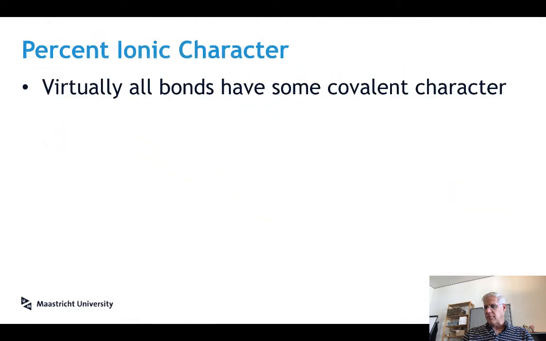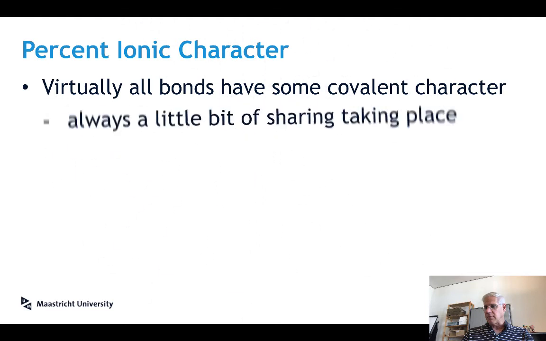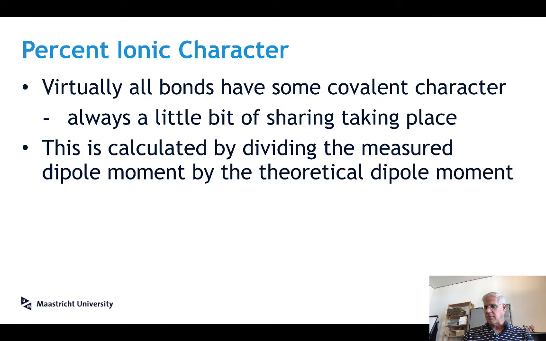Now this is not something that I'm going to test you on at all, but it's a good thing to know, this percent ionic character. Even though we say that if you have a delta EN above 1.7, you're an ionic bond, there's really no such thing as a purely ionic bond. There's always some covalent character. There's always a little bit of sharing taking place between two atoms or ions in close proximity to each other.